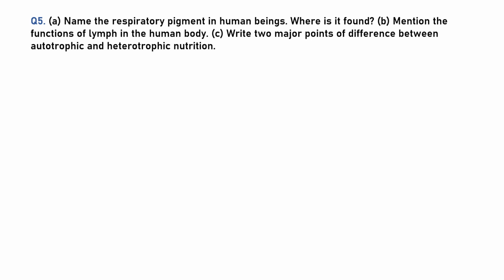Okay, so let's see what is there in heterotrophic. In this mode of nutrition, they don't make their own food. Is it possible for us to prepare our food with the help of carbon dioxide and water? Absolutely not, right? So we get food from autotrophs, that is, from green plants.